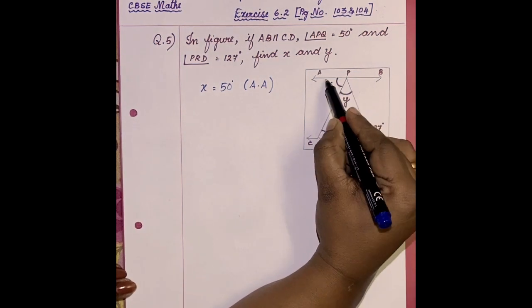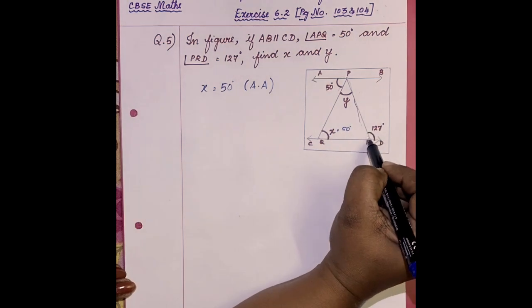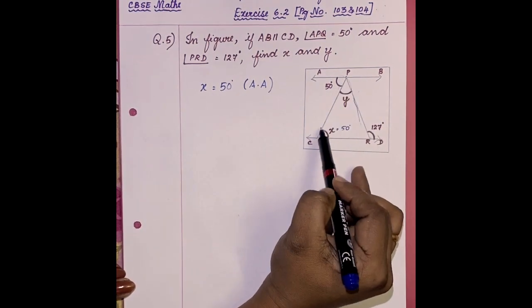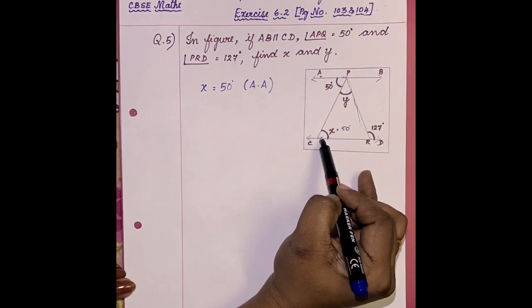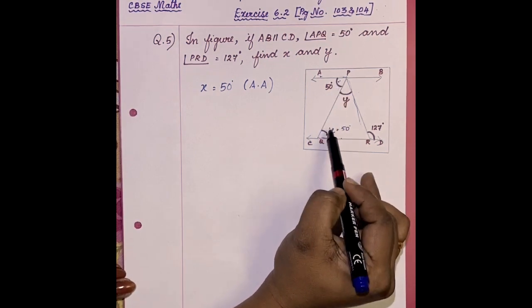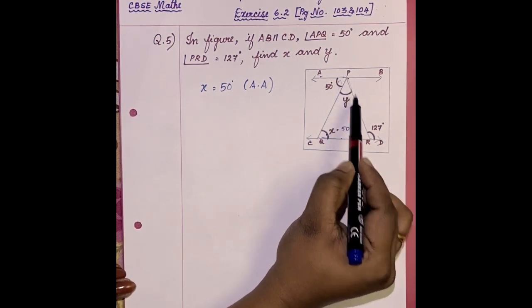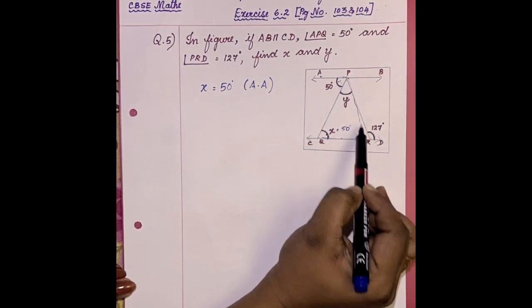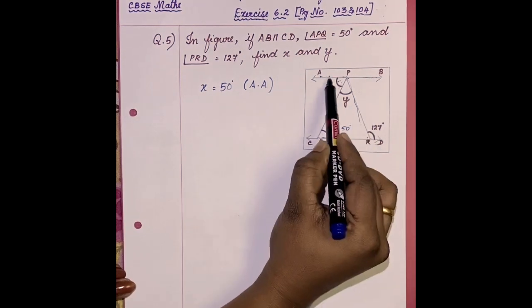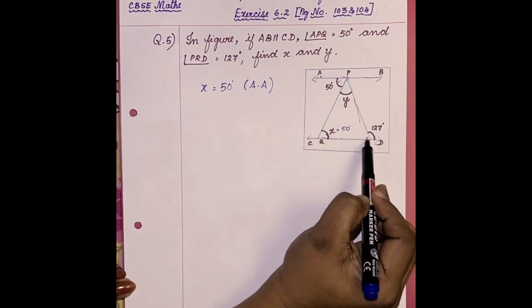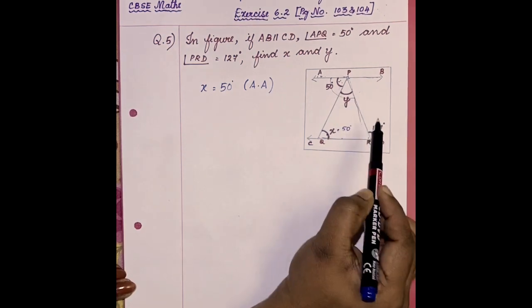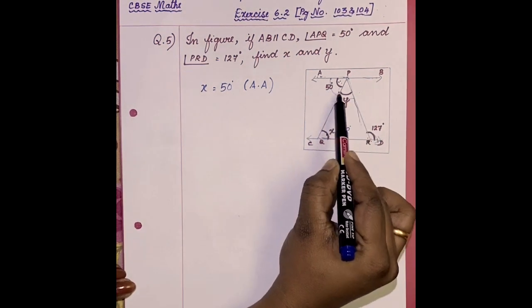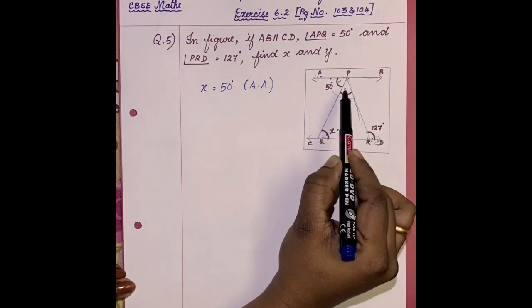But again, there is another alternate angle concept itself. First we used PQ as a transversal, and we got this Z angle, 50 and x as alternate angles. Now PR is another transversal between the two parallel lines, APR. So the entire angle and this angle are other alternate angles.